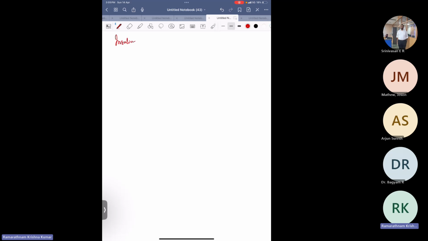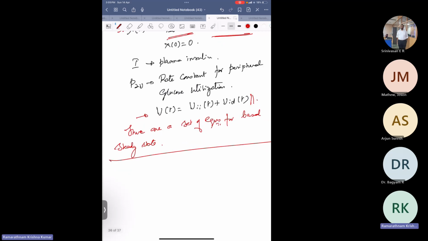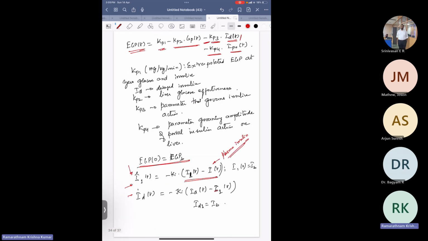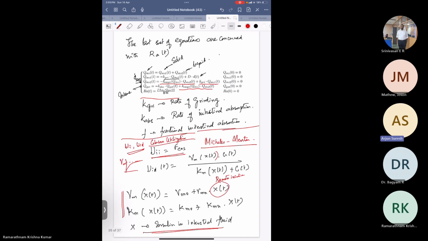I'll just stop for a minute. I think I've talked a lot, but Arjun, Josan, or Bhagyam, is the Michaelis-Menten equation reflective of the receptor kinetics? Because the receptors get saturated, that's why. Yes, any kinetic equation has a saturation.